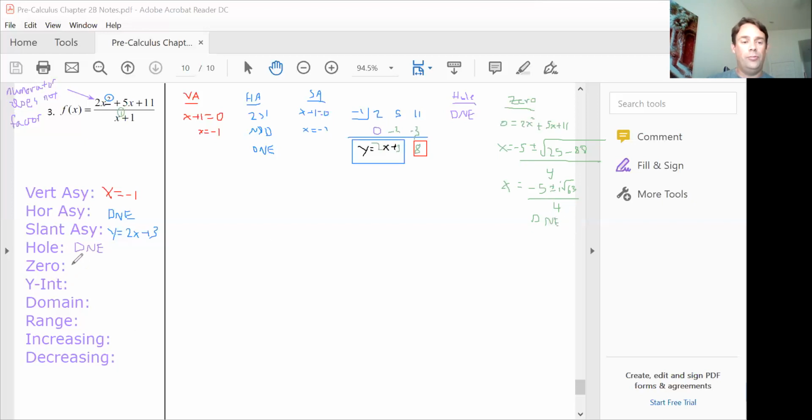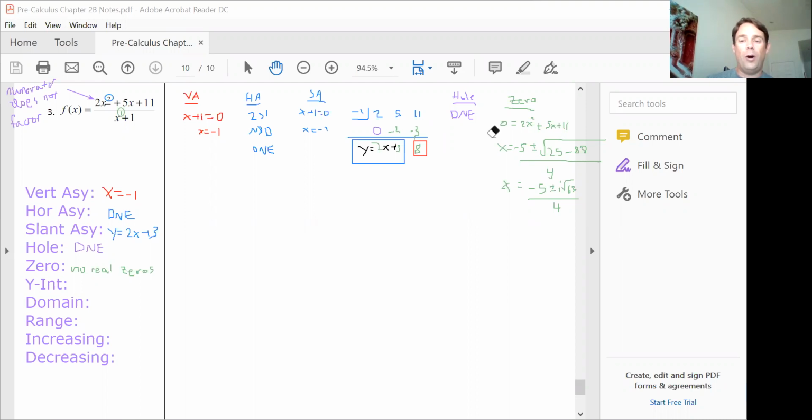No real zeros. There are no real zeros. Won't have to worry about that when I go ahead and graph this.